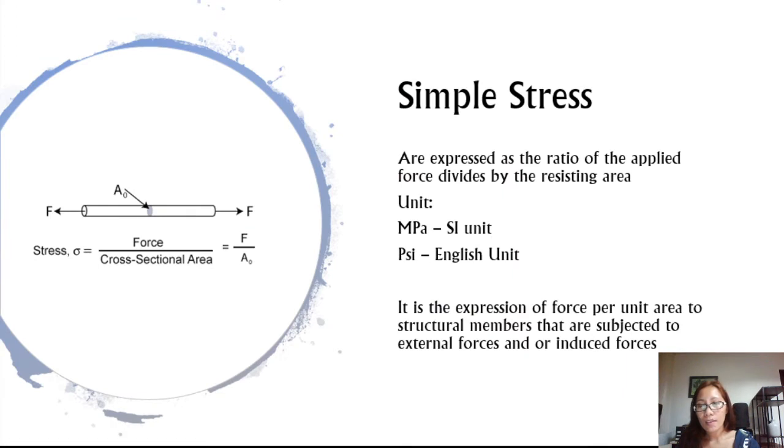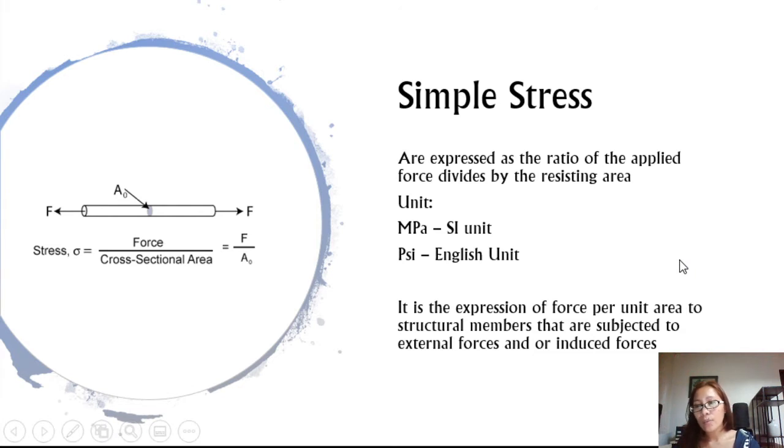So first is simple stress. This is expressed as the ratio of applied force divided by the resisting area. As you can see here, we have the formula, which is stress equals force over area, or over cross-sectional area.